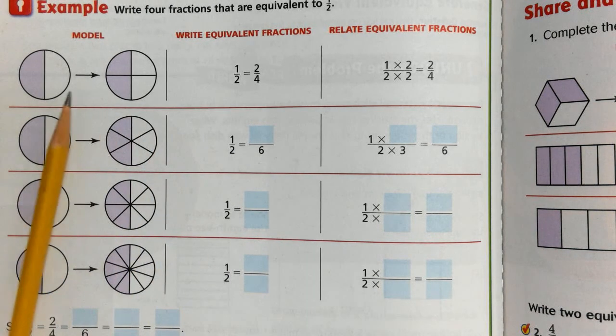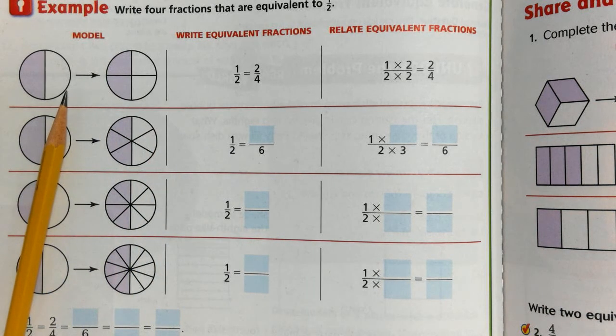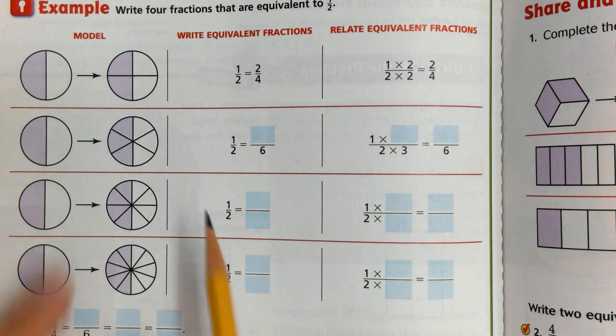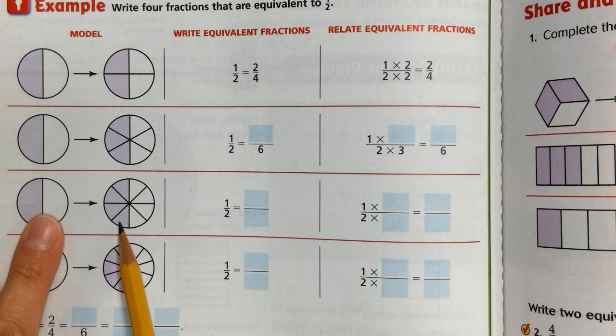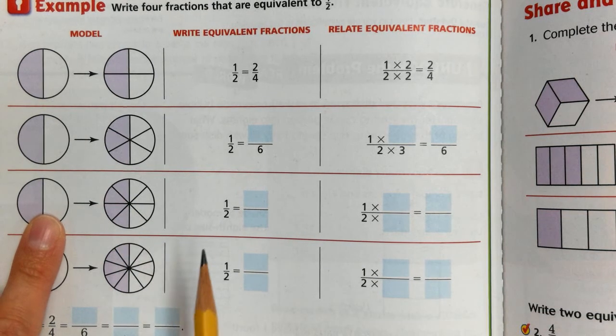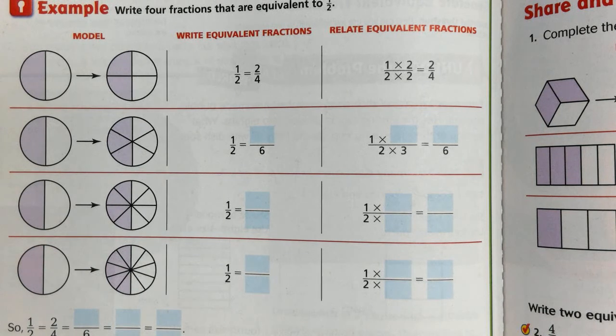Do you remember folding the paper? And coloring in one side, and then we folded it again, and it was divided into 4ths, and 2 of those pieces were colored, so 2/4 was the same as 1/2. Okay? They did the same thing with the circle. You did do that. You just may not remember it, but you did do it.